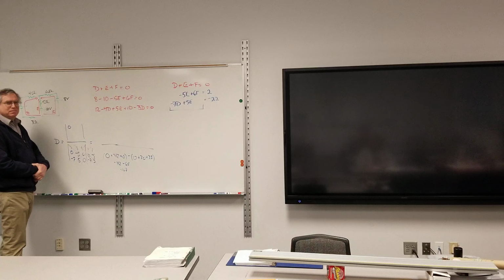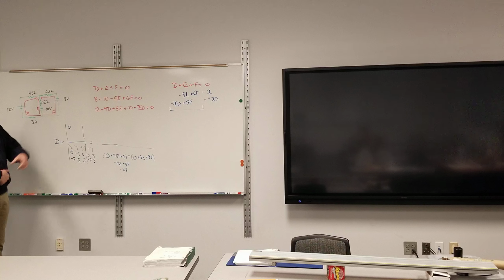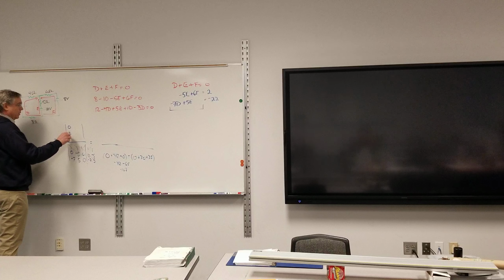Down. All right, so when we're finding D, is that the first, second, or third variable? First. Okay, so I'm gonna replace the first column with the 0, 2, -22.